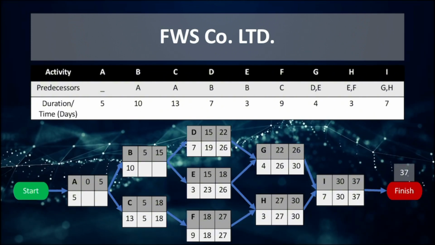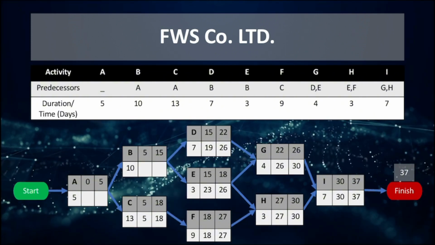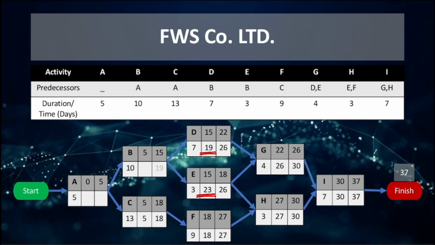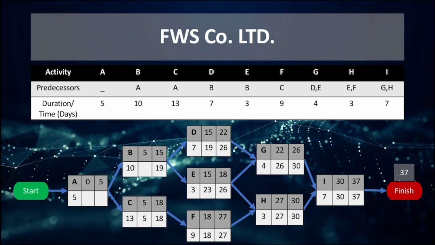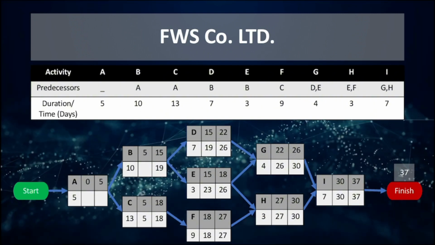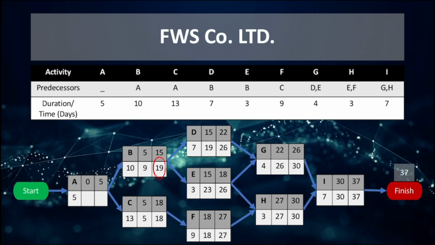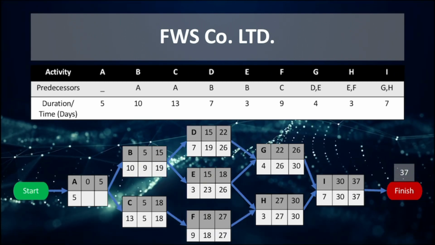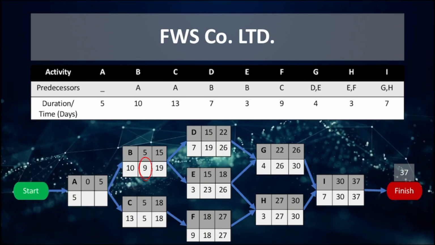B has two successors, D and E. The latest start times of D and E are 19 and 23. Since the minimum latest start time between D and E is 19, the latest finish time would be 19, and the latest start time will be 19 subtracted by the activity time of 10, which is equal to 9.